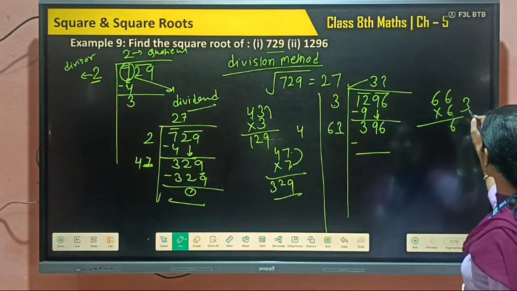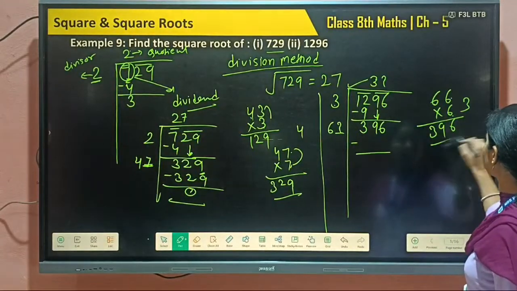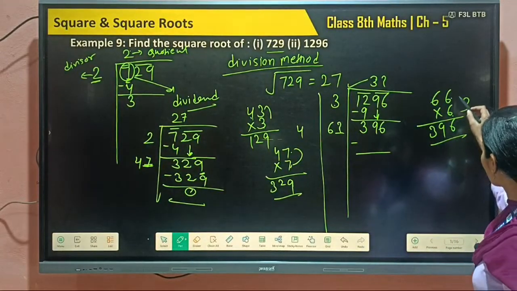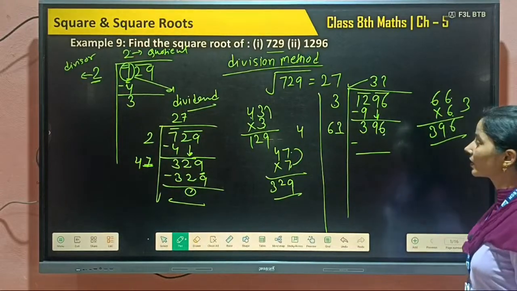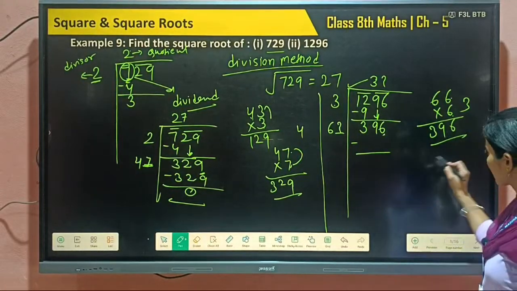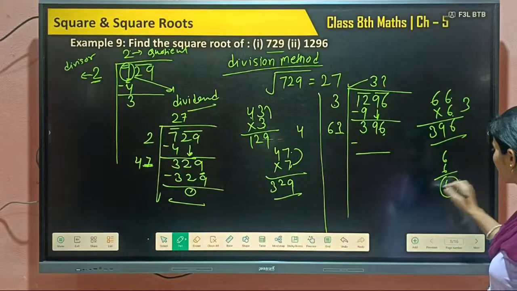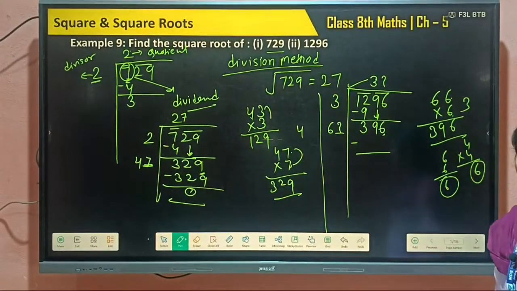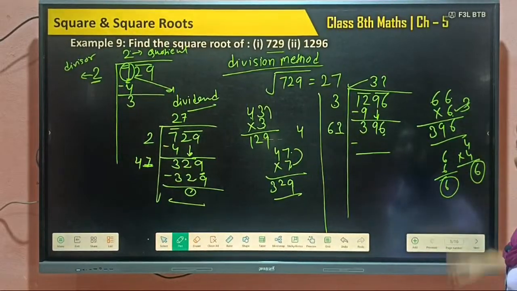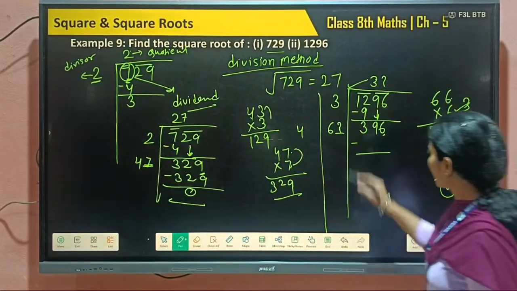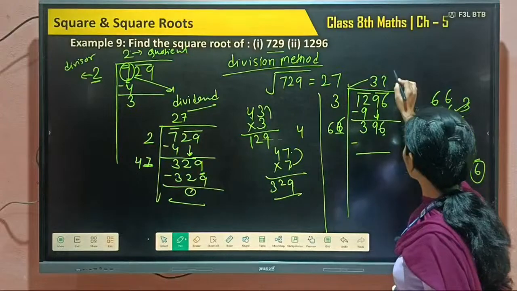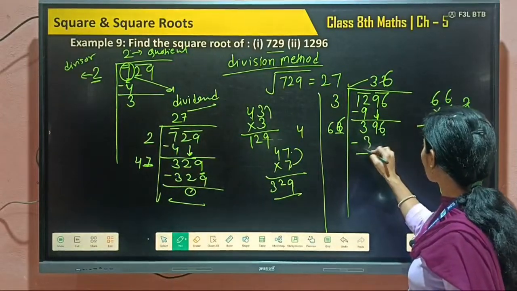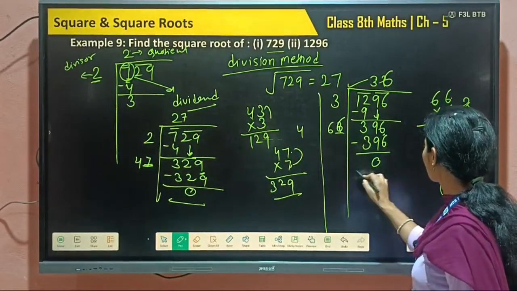We get 6 at the unit place, so multiplying 6 with 6 gives 6 at the unit place. That is why I multiplied it by 6. Now I got that number 6, and I write 6 there, and the multiplication is 396. The remainder is 0.